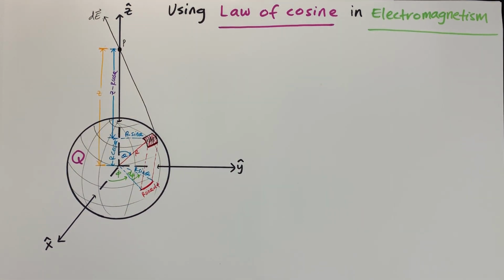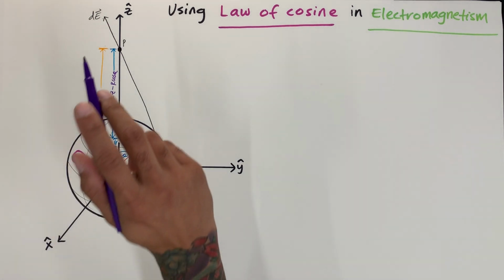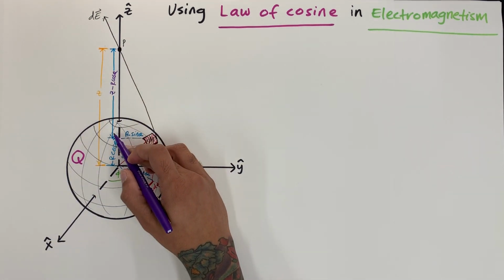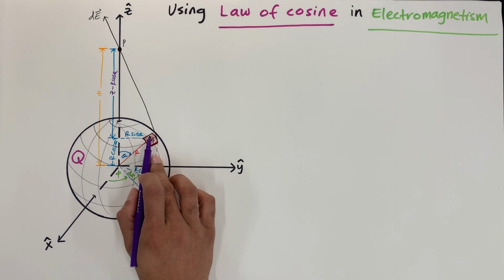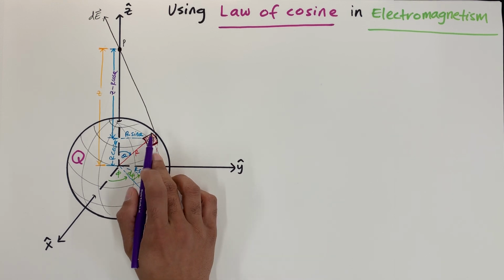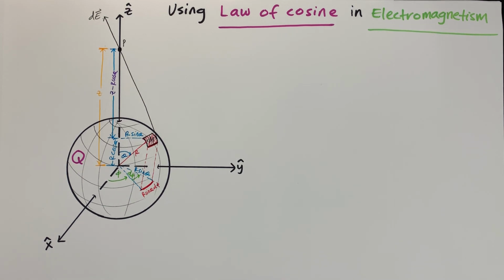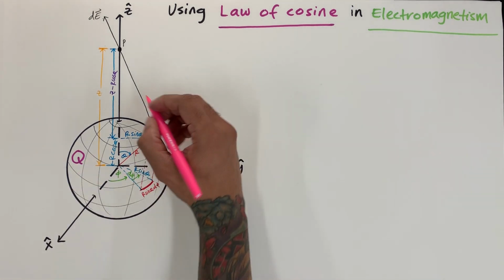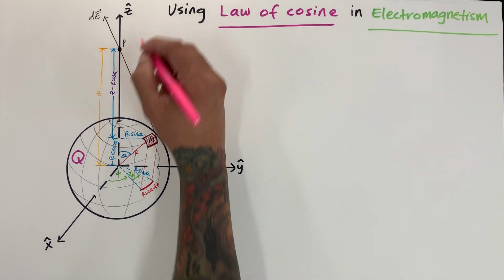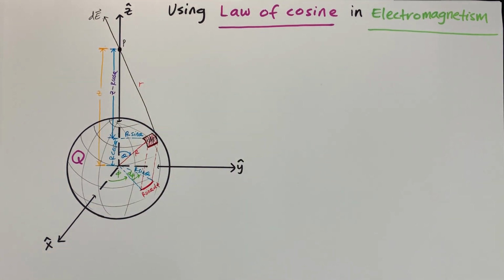Okay, so now that we have this side and this side of the triangle, we need this vector. This vector here, as soon as it was projected this way up to the point, is r.